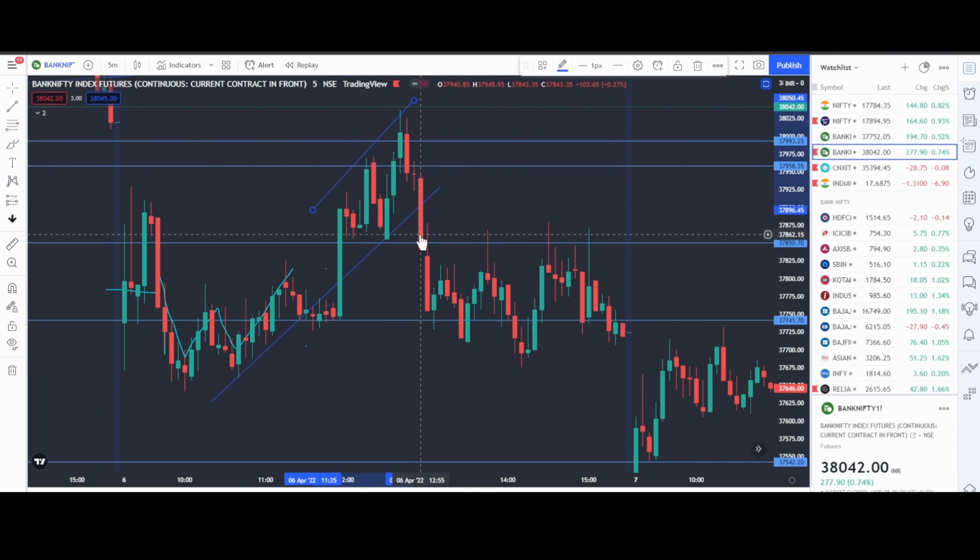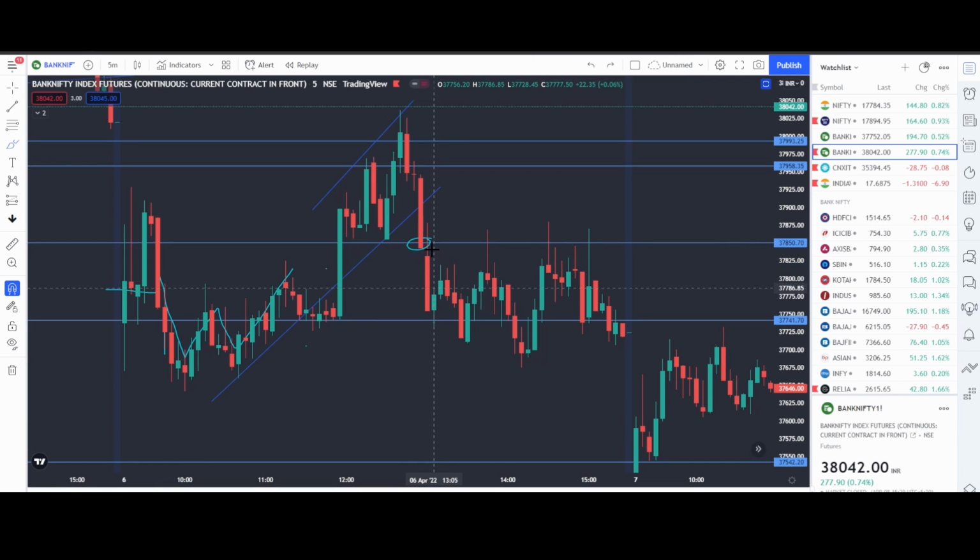It would have breached this channel and the market would have come down here, and the activation of this trade would have initiated over here, but you would have seen a loss for some time. If we consider 40 to 60 points of loss, you would have hit a stop loss over here, but ultimately when it again came down over here and formed some pattern, you would have initiated your trade again.